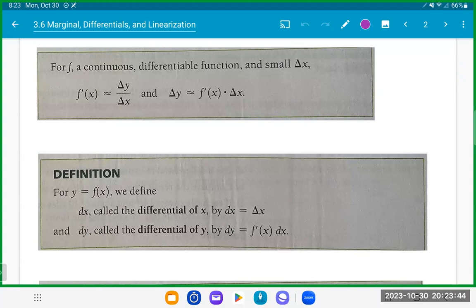And so the second definition down here, when we have y equal to f of x, right? We've done that substitution many times through the course of this semester. But we can define dx, that is the differential of x, by dx equal to the change in x, right? And our differential of y is the change in our y.